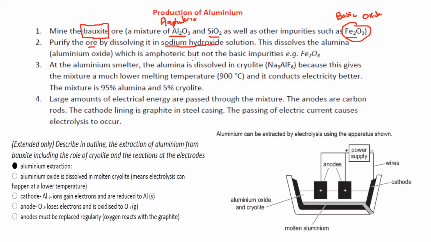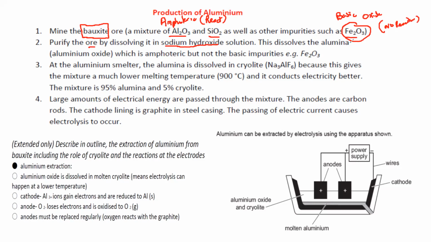Aluminium oxide will react because it is amphoteric, and when it reacts with sodium hydroxide, it will dissolve. But iron 3 oxide is a basic oxide, and a basic oxide cannot react with an alkali. So there will be no reaction between them.